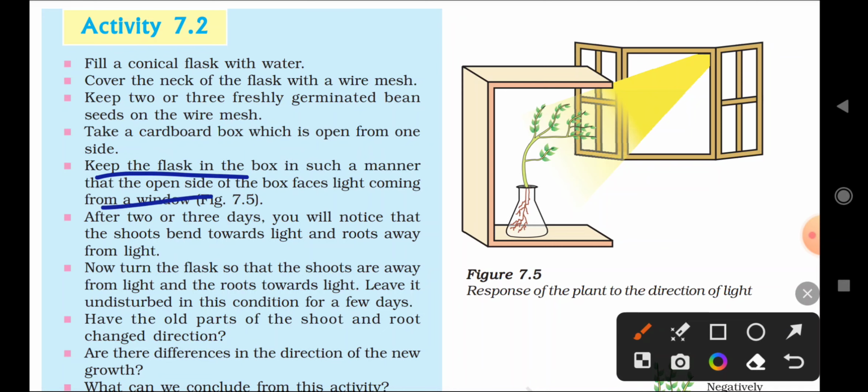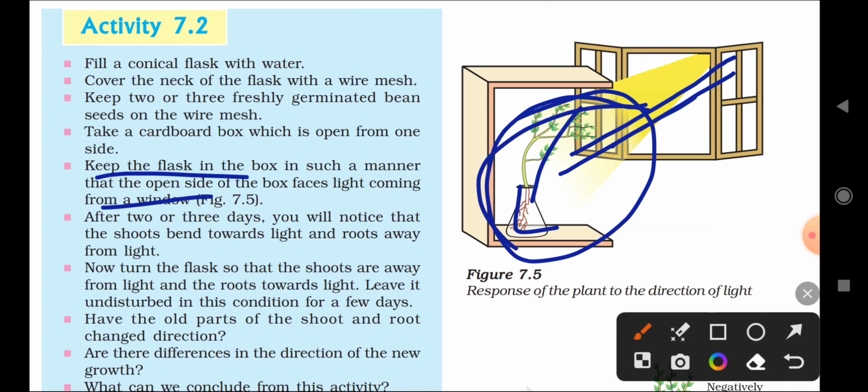So we place the conical flask with the germinated bean plant in front of the window. After 2 or 3 days, you will notice that the shoots bend towards the light and the roots away from the light.